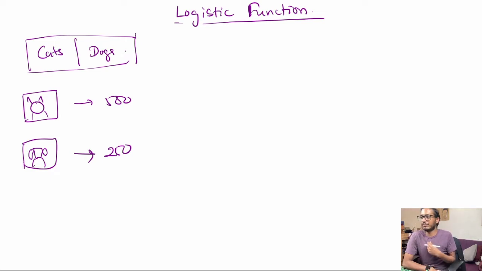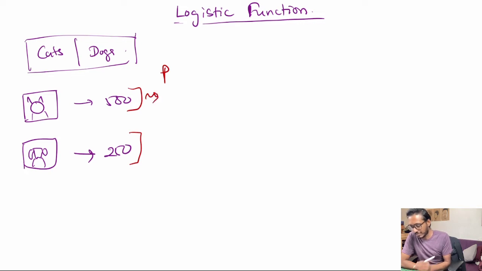So we would ideally like to know a probability of this picture being a cat and the probability of the second picture being a cat. So we would like to know a probability. So let's say, for example, we want to know this is 75% a cat. We can say almost for sure that this is a cat, and this is not so much likely that it's a cat.